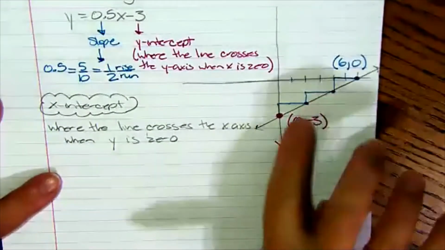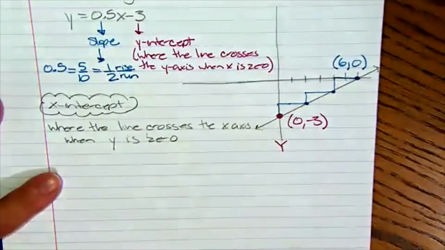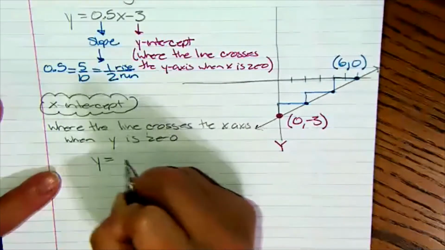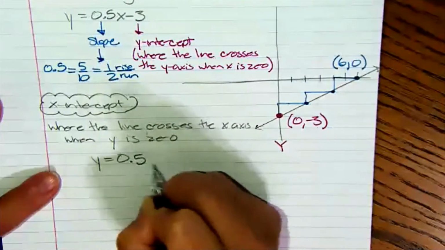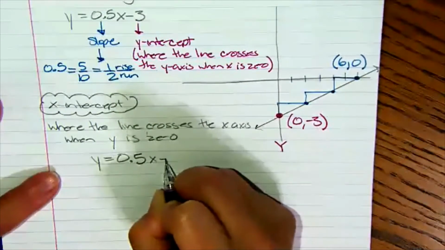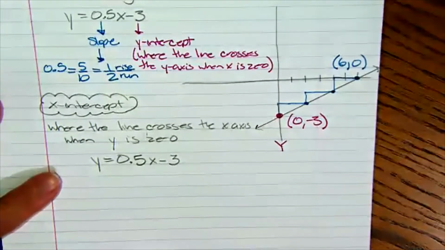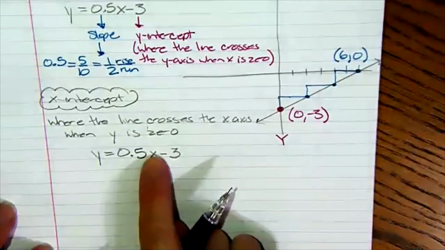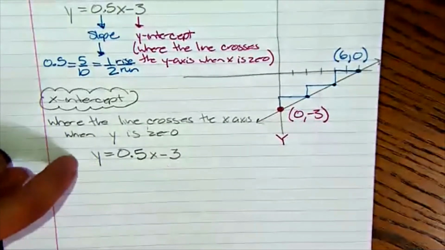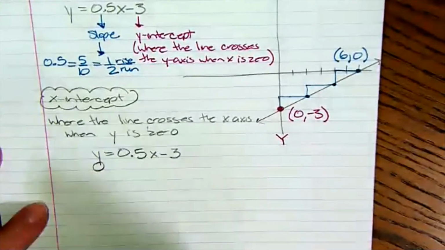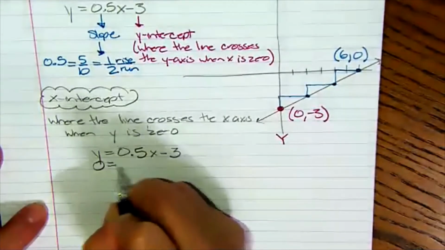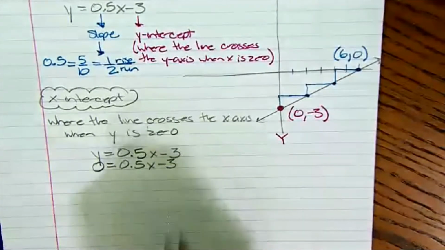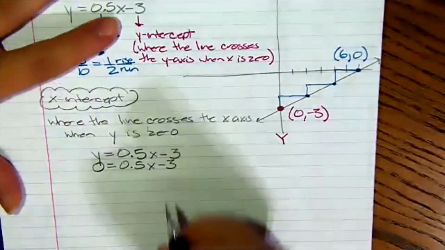Okay, so where does the line cross my x-axis when y is 0? Well, they gave us this equation, y equals 0.5x minus 3, right? So we want to know what is x when y is 0. So we can set y to 0, substitute 0 for y, and then solve for x.